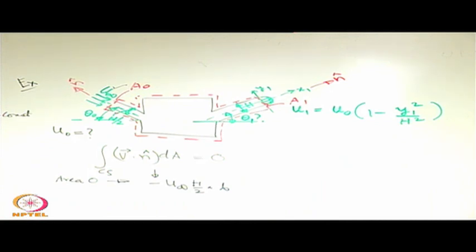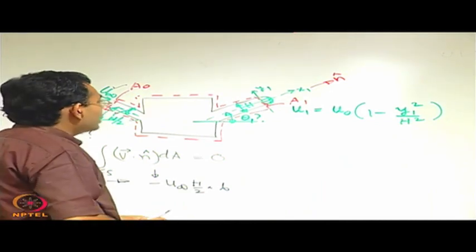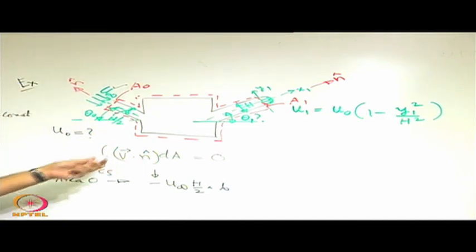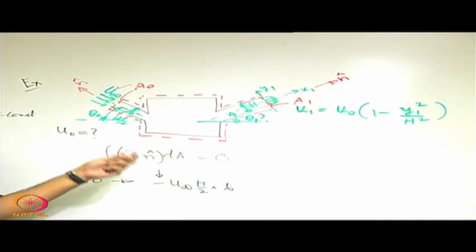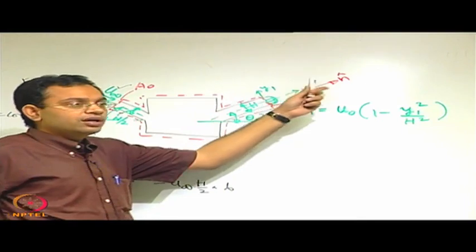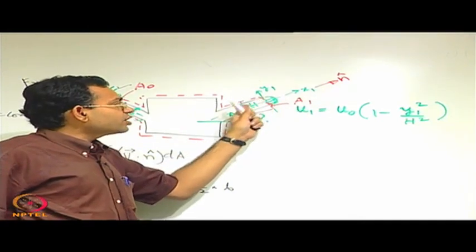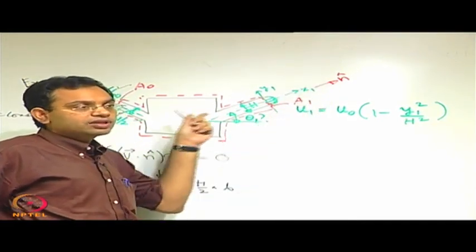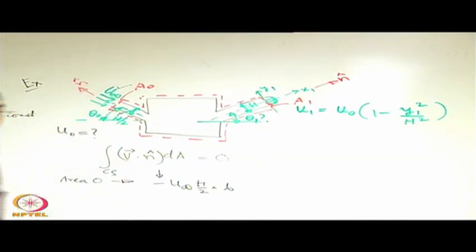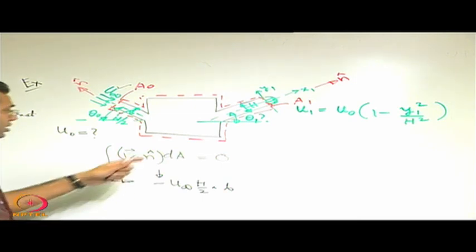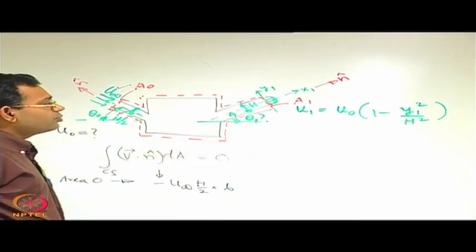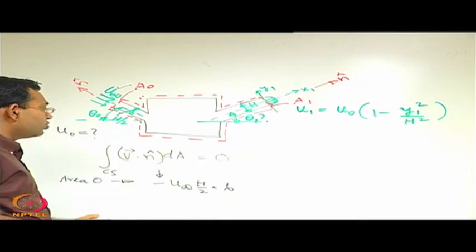This means that if you just take the vector sense, v dot n will give you the magnitude of v into 1, because the dot product of two vectors in the same sense will lead to that conclusion. But because it is varying with y1, now you have to really do the integration.